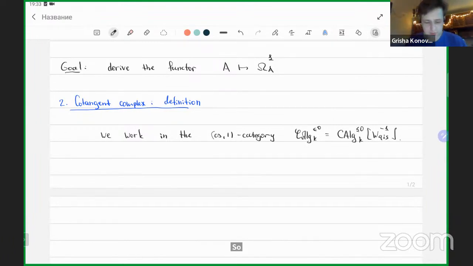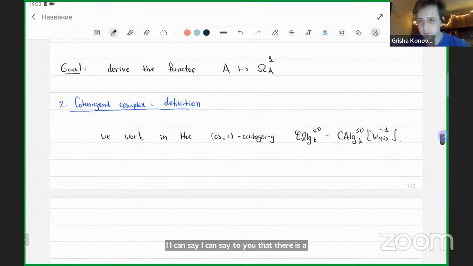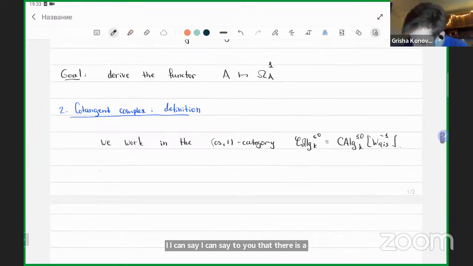So if you want more details, I can say to you that there is a model structure on the right hand side.